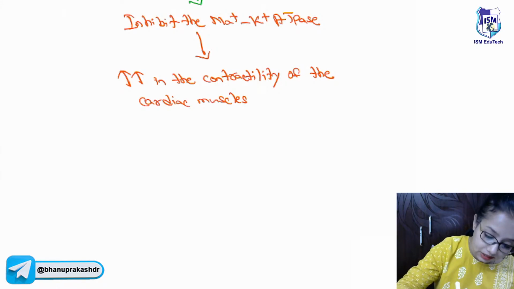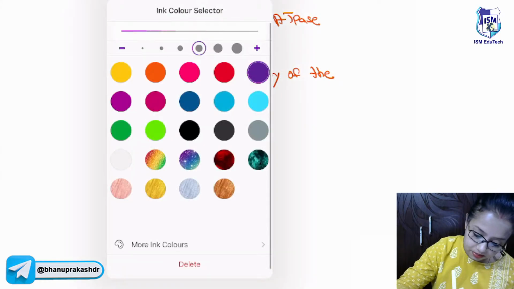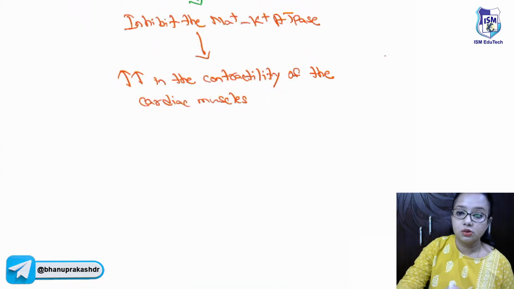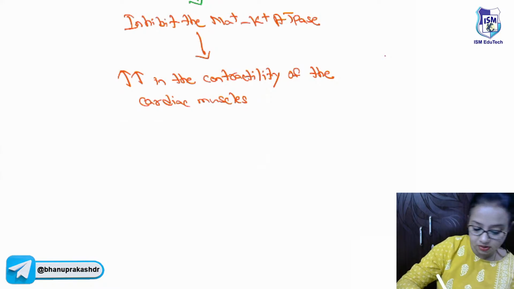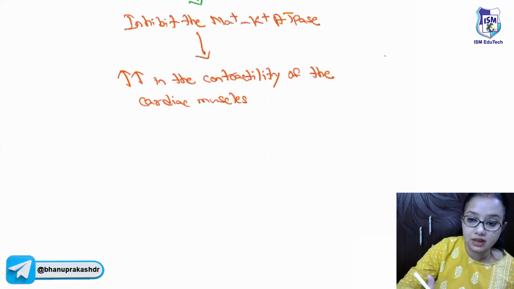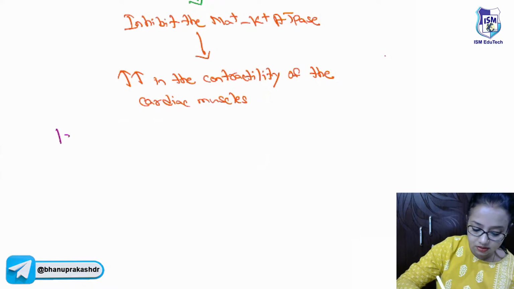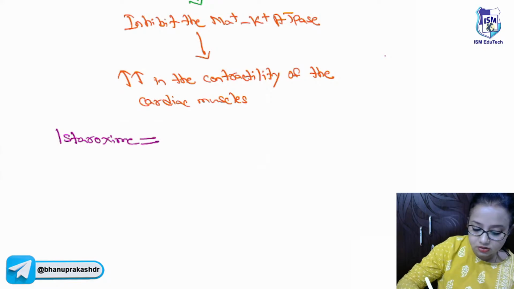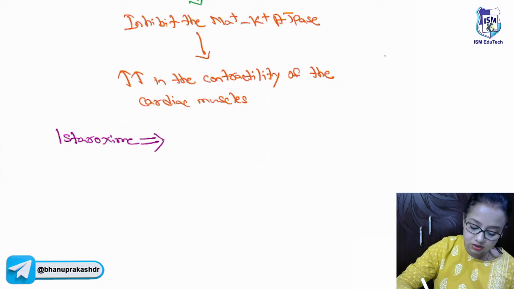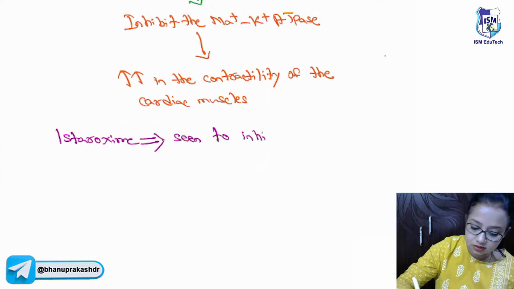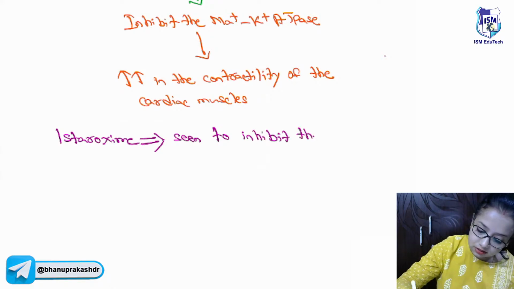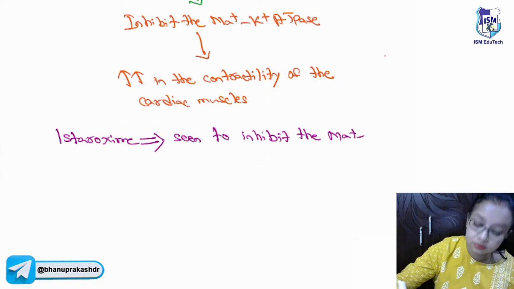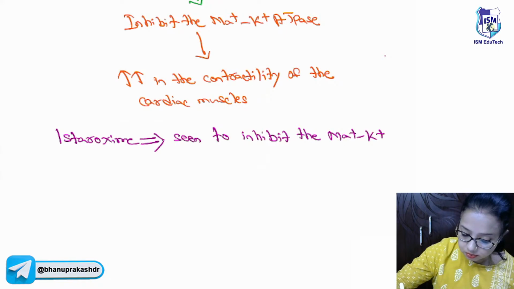Okay. A recent study is published in a few literatures and books, about a steroid derivative drug that goes by the name istaroxime. Now, this is a new finding which is reported. This istaroxime is seen to inhibit the sodium potassium ATPase.